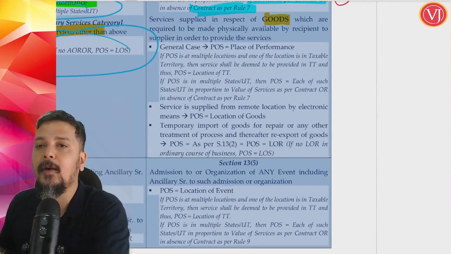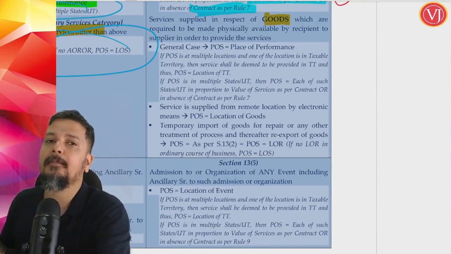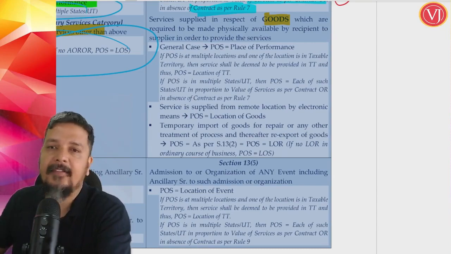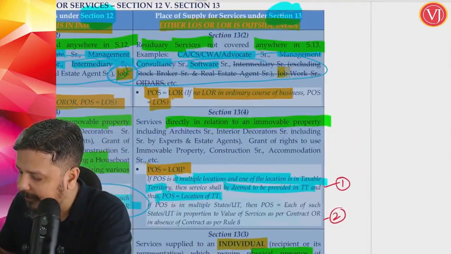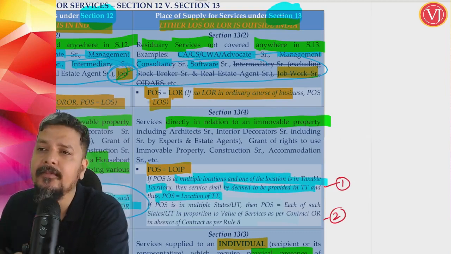Now talking about the goods part. Here, the goods part, performance basis, is specifically addressed. Therefore, if you see the residuary provision, job working was not taken as an example of residuary services. Why?